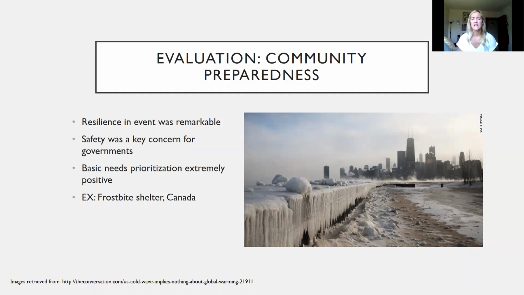I liked seeing that safety was a key concern for governments here. Any article that you really read, even peer-reviewed articles, safety was a huge concern, especially because the amount of snowfall or rain or flooding that was occurring was extremely hazardous to people, especially in city areas where it is very dense in a small land area.